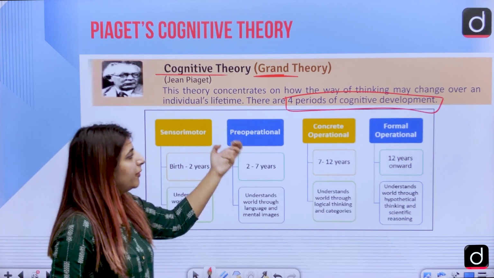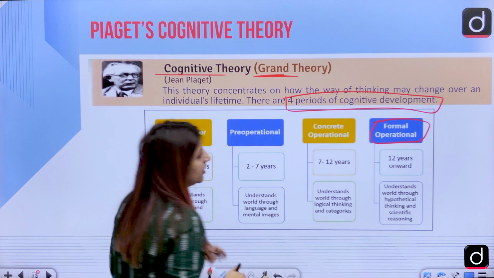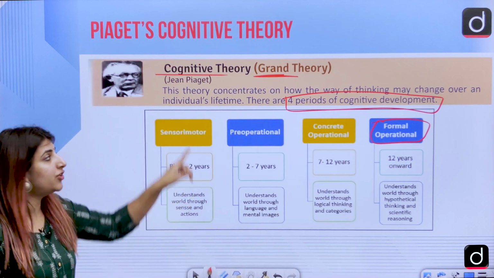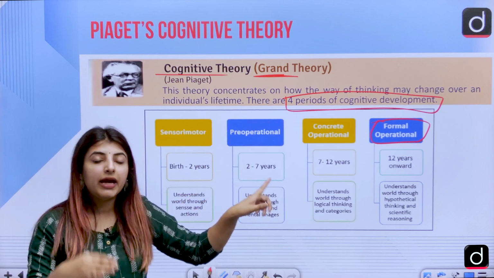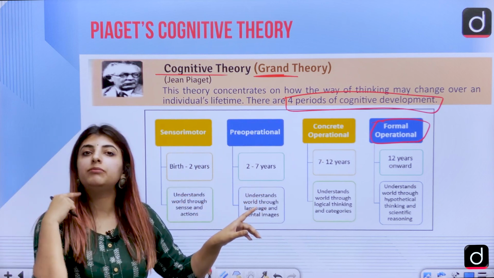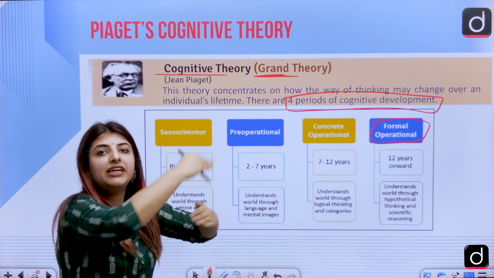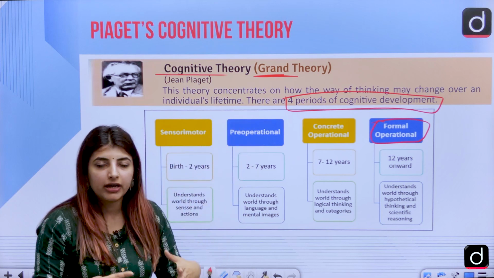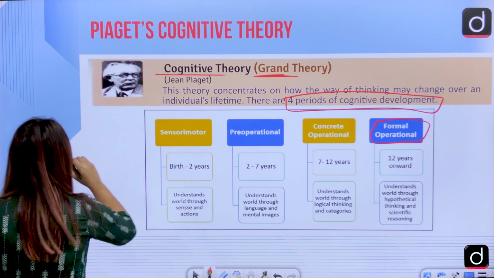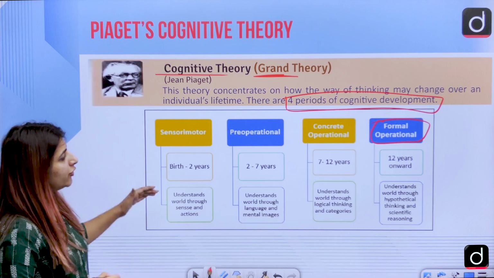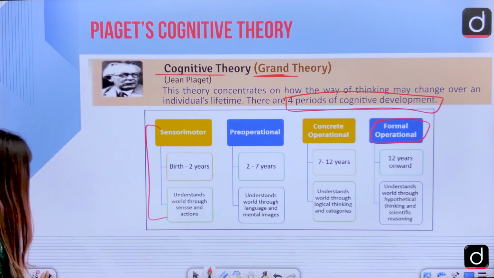Sensory motor, pre-operational, concrete operational, and formal operational. He tried to talk about how, if we talk about the cognitive system of human beings, they work at different levels and how it is developed in every child. So he also developed a grand theory of cognitivism, right? So if you want, you can write these things down, right?